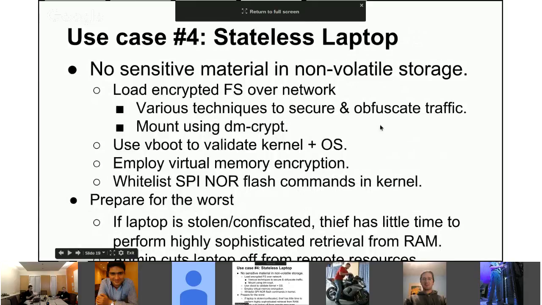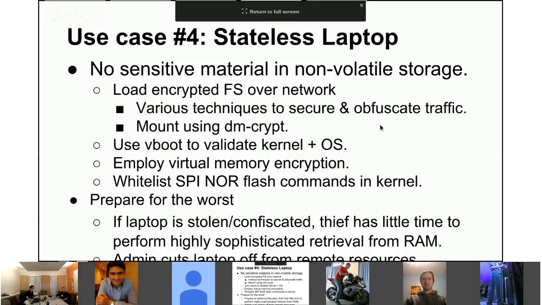Another use case, I just kind of dreamt this up the other day, is for a stateless laptop. So if you're very paranoid for whatever reason, maybe you're a military organization or a human rights organization or just a company that's really, really protective of your IP, then you have a couple different situations to worry about. If you're worried about people eavesdropping on your network, then you might want to use a hardwired network, but a case that we're hearing about more and more today is people being intercepted and laptops being confiscated.